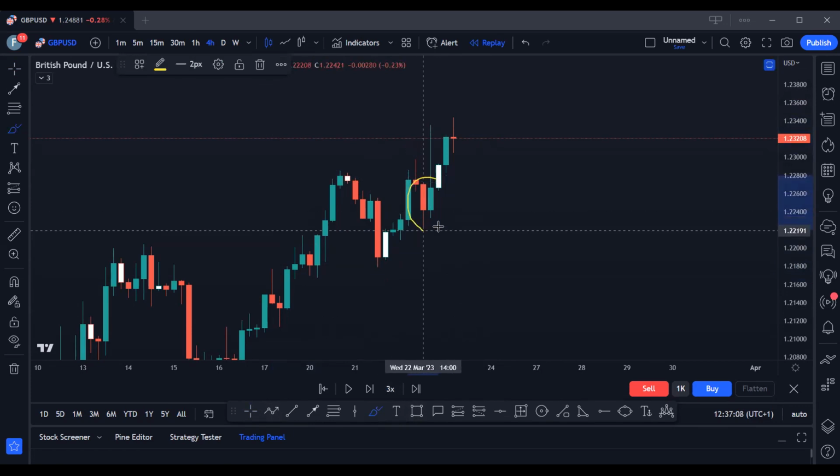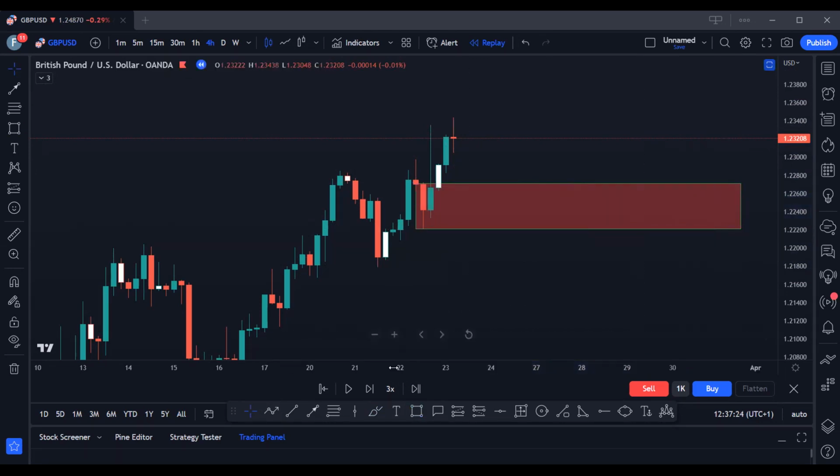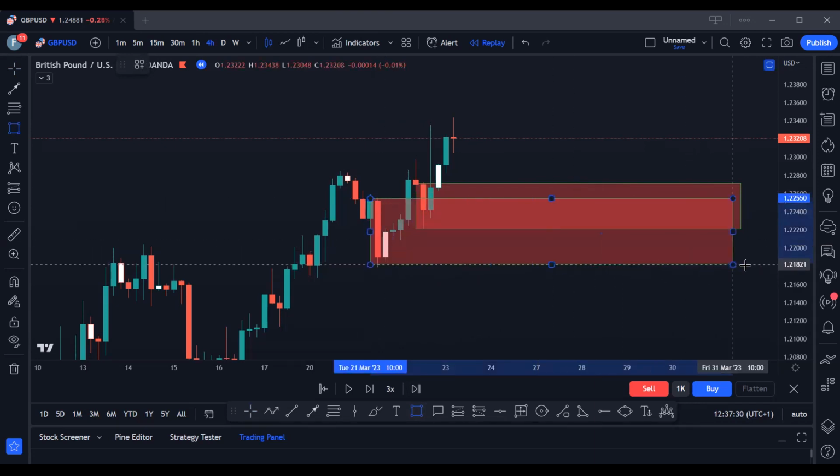We can see activity of support here. You can see activity of support here. So if we mark it out, what do we have? If I take it here, from here to here, this is a support. Okay, and also if I'm taking this, I'll highlight everything here. This is also support.